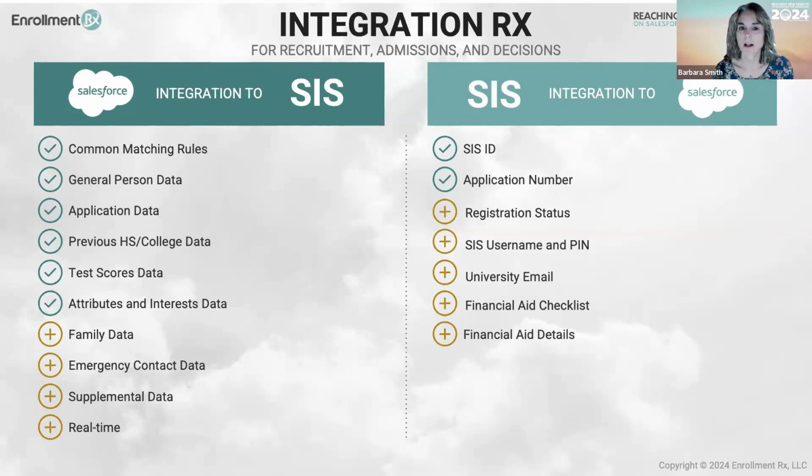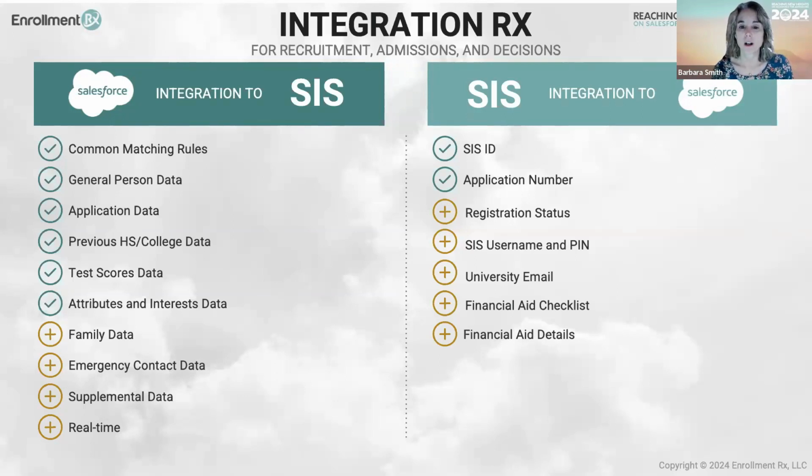We do have some clients where they say as soon as an applicant completes their application, and we actually have some clients where we're looking even sooner, before they've actually submitted their application. But let's say they submit their application and you want to immediately create them in the SIS and send them an email saying, welcome aboard, please come and register.